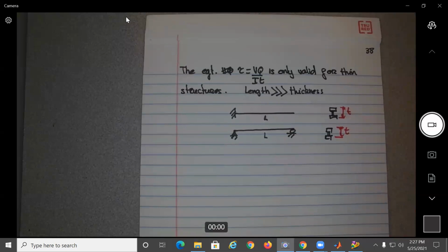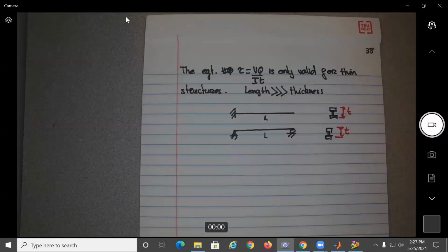Yeah. Okay. So really I'm going to tell you something which is true, that all the structures that you learn, including this class, is really only valid for structures that are much longer than depth, or thick.